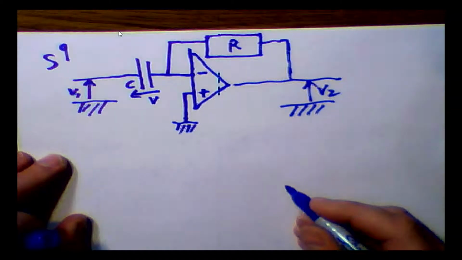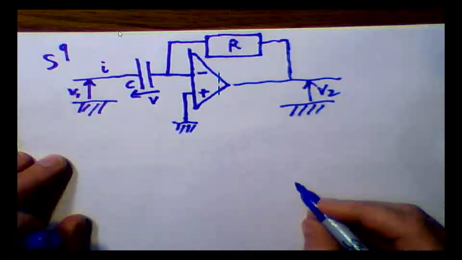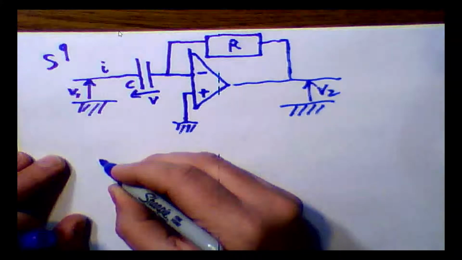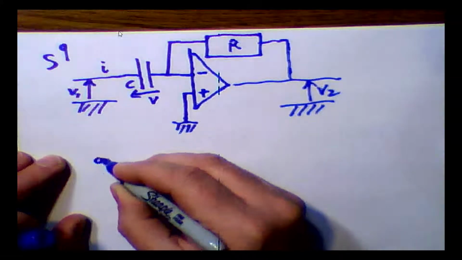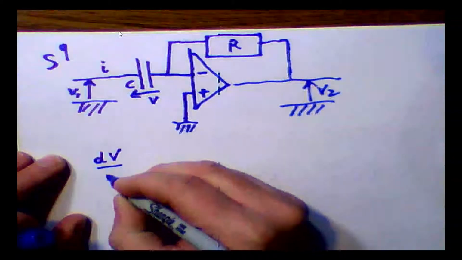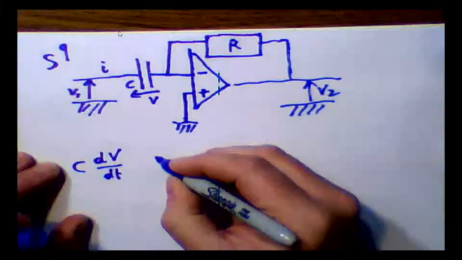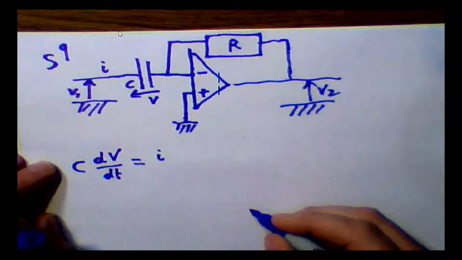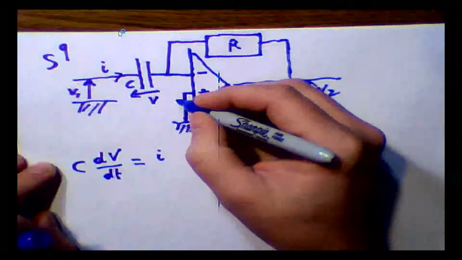Well, we have that the intensity I satisfies the following: dV dt times C is equal to I, where the current goes this way.